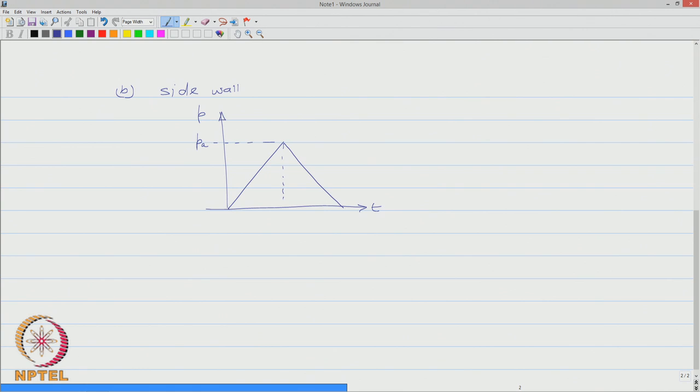This time of rise is called TR, and this is T0, where the rise time TR is given by BL by U, and the overall duration T0 is given by TR plus TD.